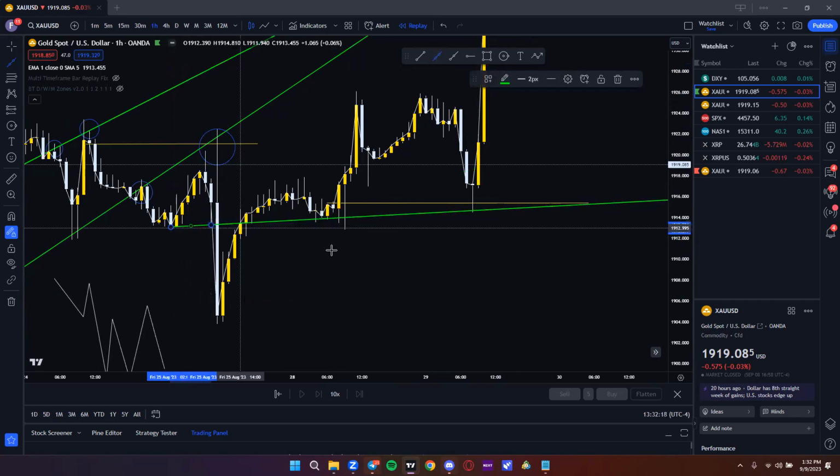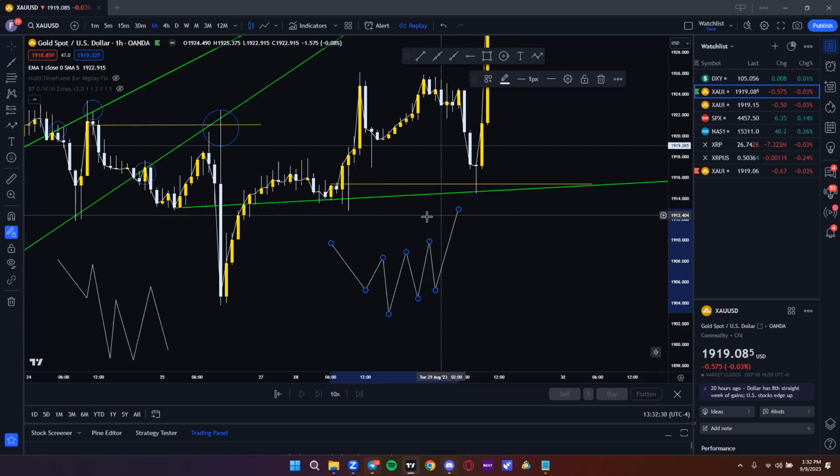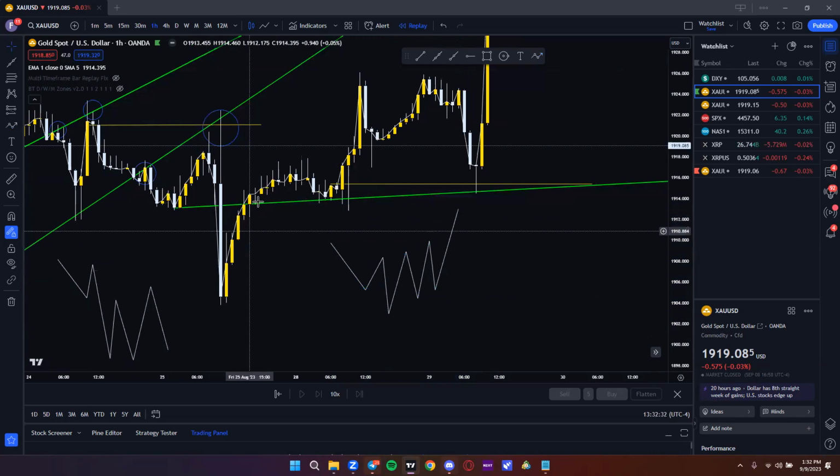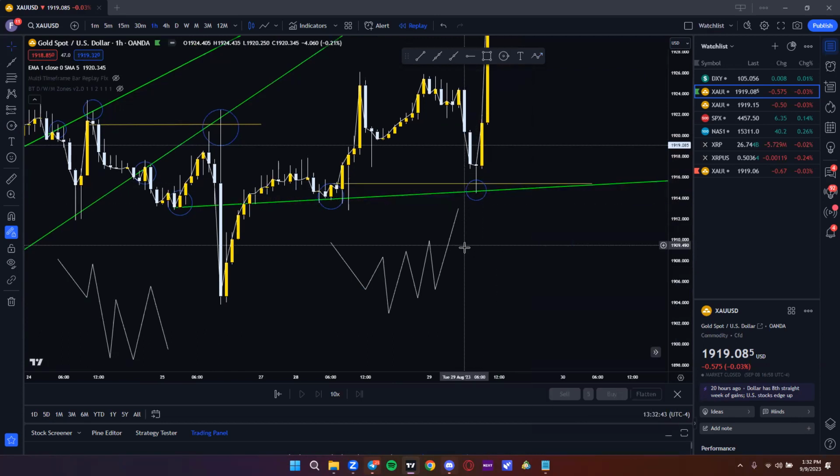Yes, okay, so this is our head and shoulders trend line. We have the head, and then tap 1, tap A, tap B, and then our entry is tap C or tap 3, whatever.